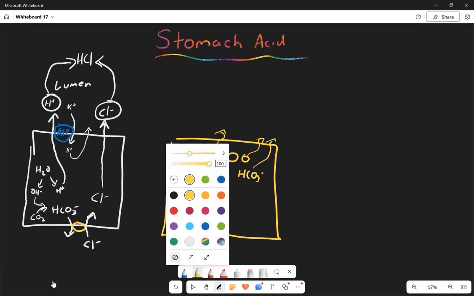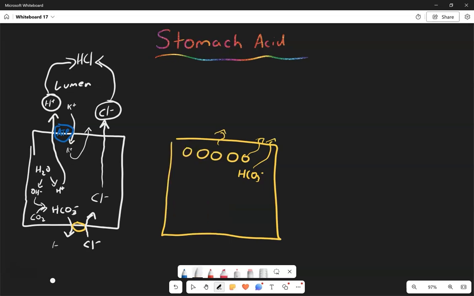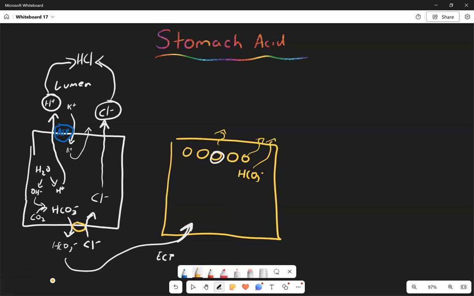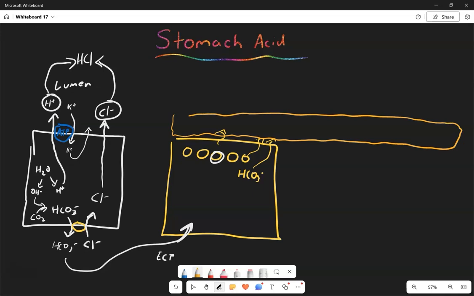And that high concentration of bicarbonate comes from our parietal cells, so it can sit in a high concentration out here in the ECF and then be picked up by our mucosal cells packed inside of our mucosal droplets. So what that does is it creates this barrier along the epithelium. It's known as the mucosal barrier.